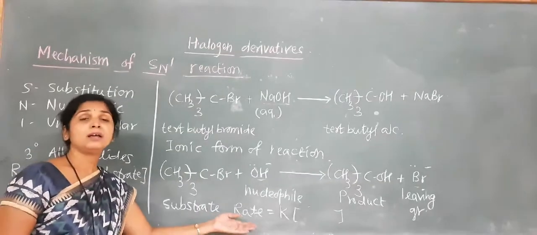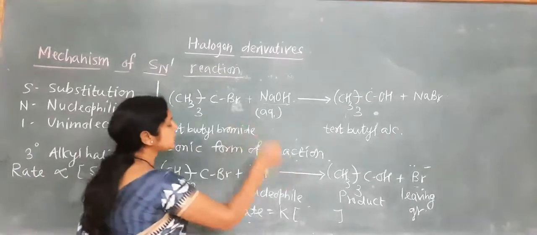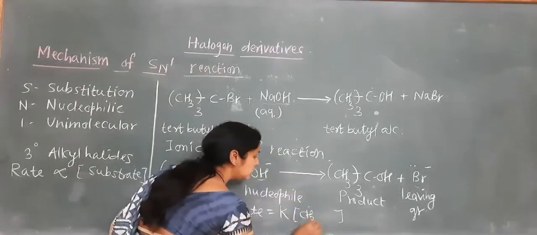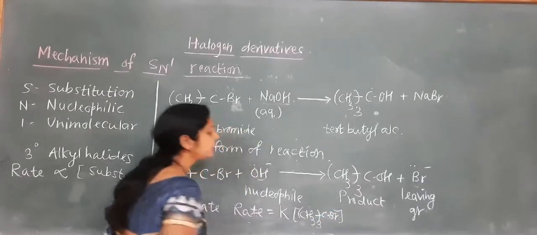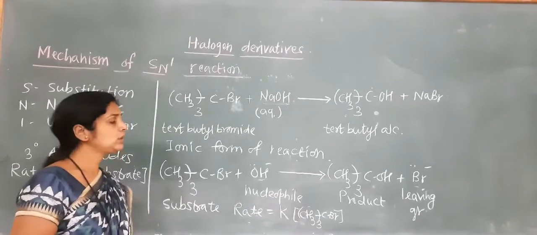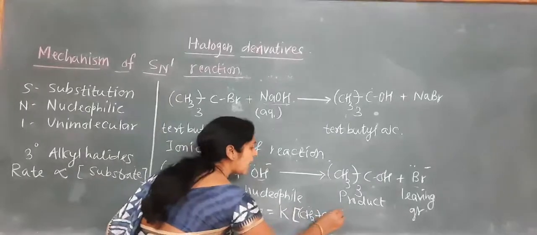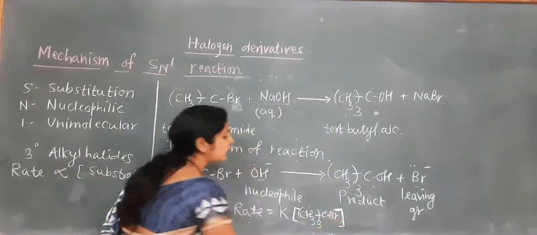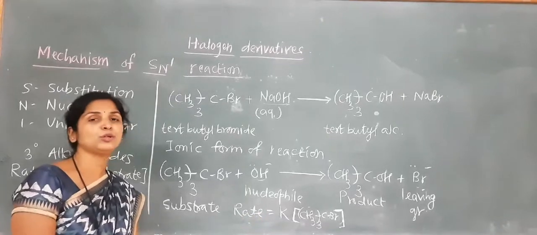We write rate equals K into the concentration of the substrate molecule, that is tert butyl bromide. So the tert butyl bromide concentration is indicated, and we see that the rate is dependent on the concentration of the substrate molecule only.